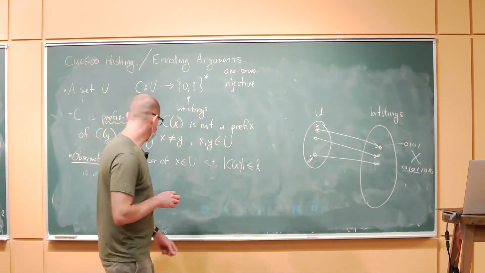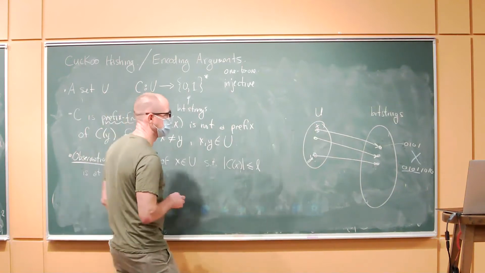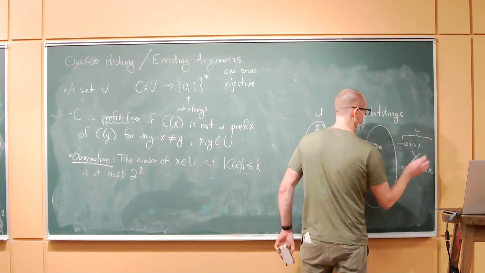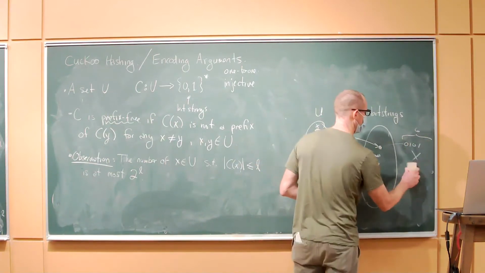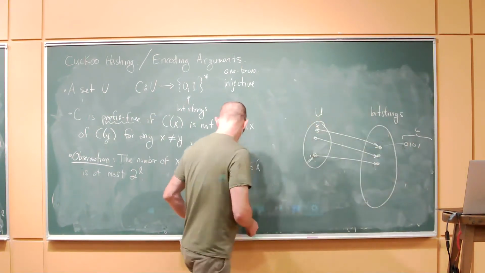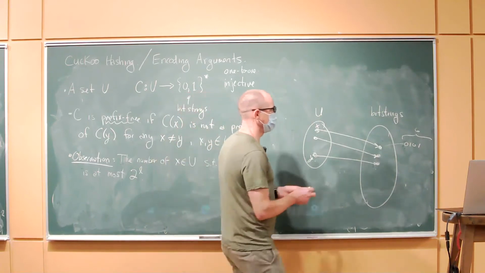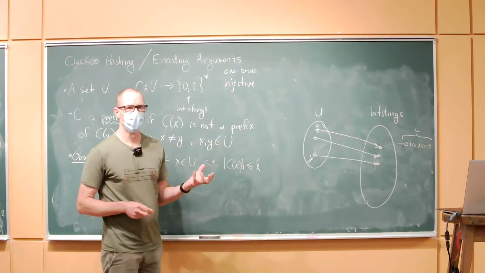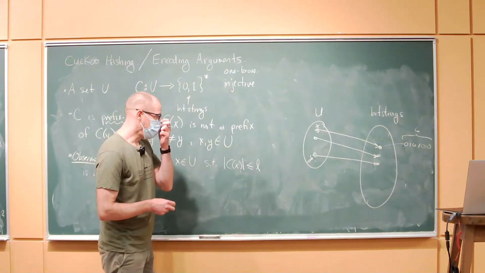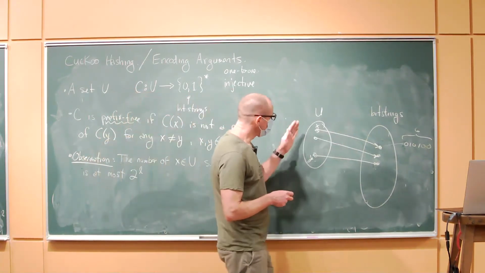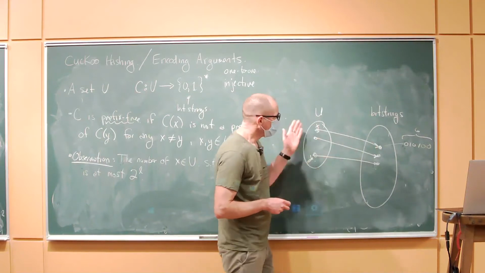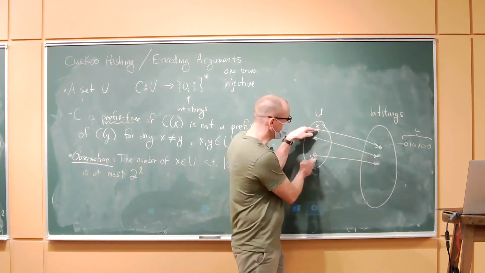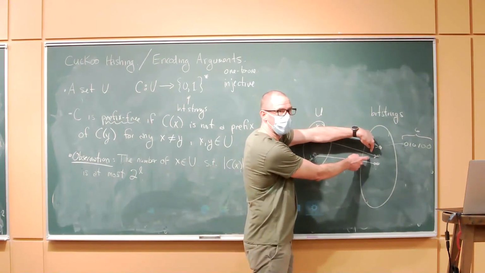So for each of those things whose length is less than or equal to L, let's pretend that I'm interested in L is 6 here. I will just pad it out with extra zeros so that its length is exactly L. And when I do that, I'm still going to get something which is injective. So I still won't have two things going to the same code word.